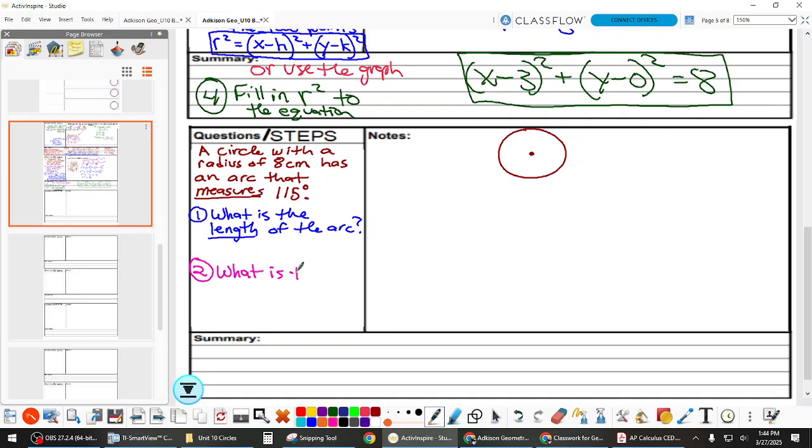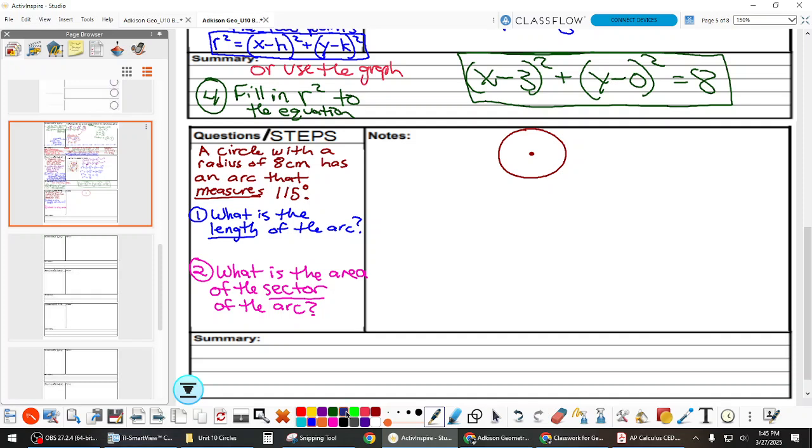What is the area of the sector of the arc? Okay, so we'll see, we might get to that. Okay, so what is the length of the arc? An arc that measures 115 degrees.